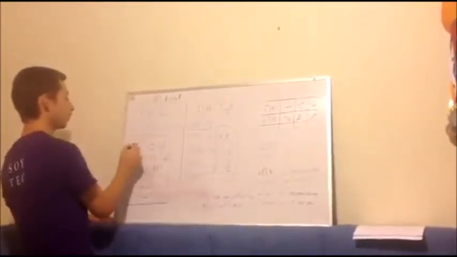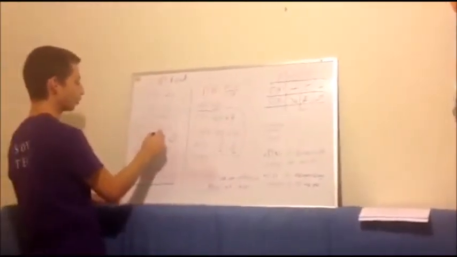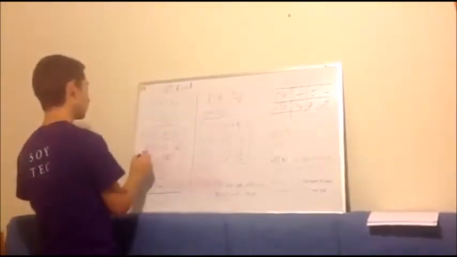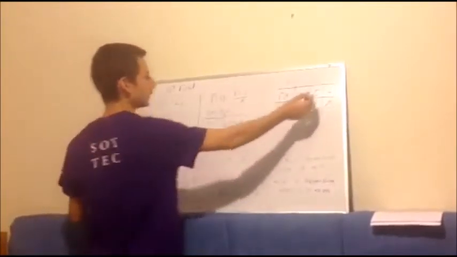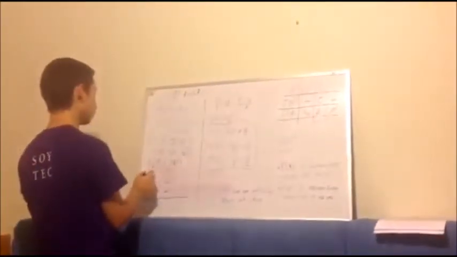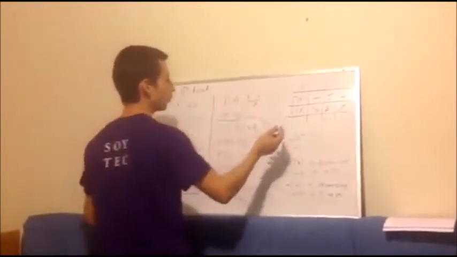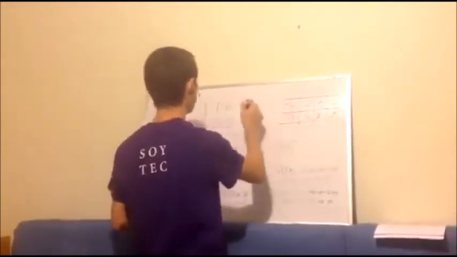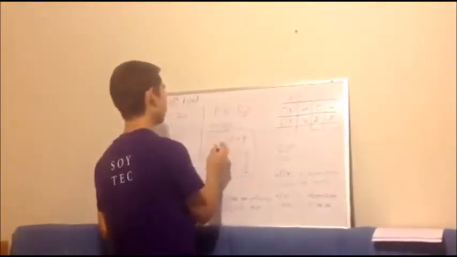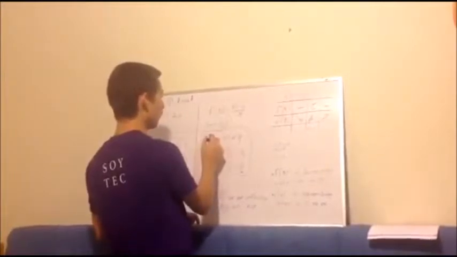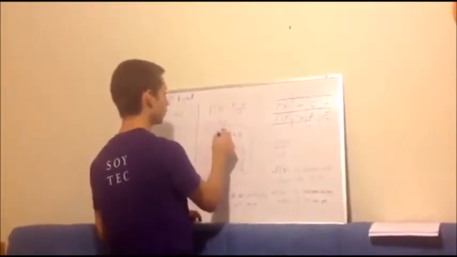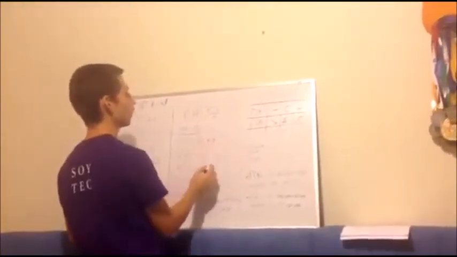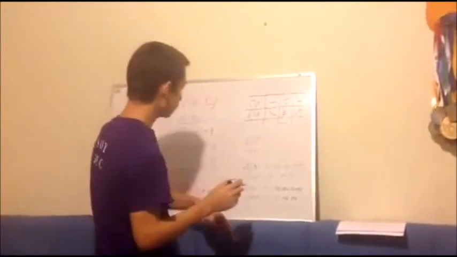The first derivative of minus 1 is equal to minus 2, the sign is negative. The first derivative of 0 is equal to 0, and the first derivative of 1 is equal to 2, positive sign. Then we substitute these values in the initial function: the function of minus 1 is equal to minus 1 plus 1 over minus 1, which is 0 over minus 1, and it is down.